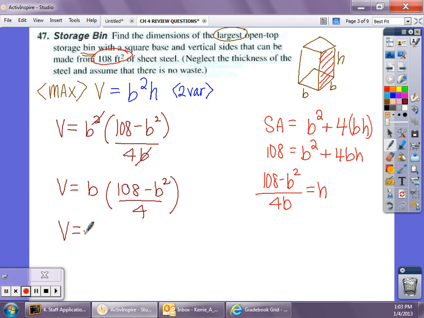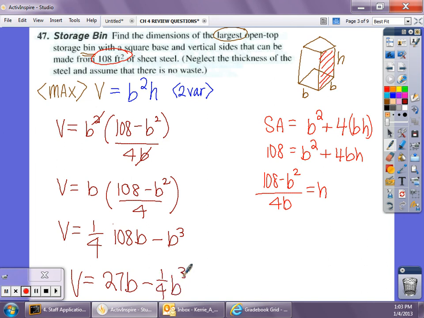Here's what I'm going to do. I'm going to pull out the 1/4 in front. I'm going to multiply out the b, so I get 1/4 times 108b minus b cubed. And really, if you want, 108 divided by 4 is 27, so 27b minus 1/4 b cubed.